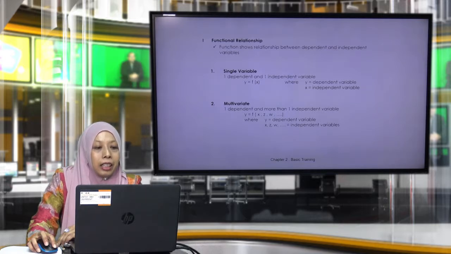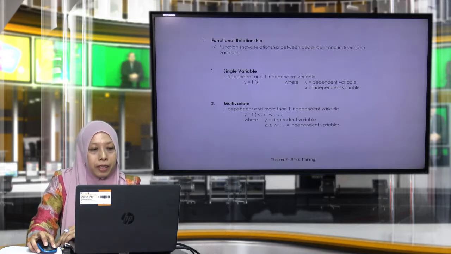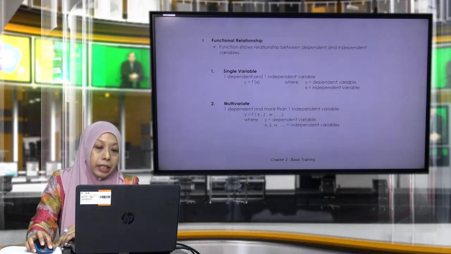If you have a function with only one dependent and one independent variable, this function is known as a single variable function. The second type of function is what we call a multivariate function. A multivariate function is a mathematical function where you have one dependent but more than one independent variable.